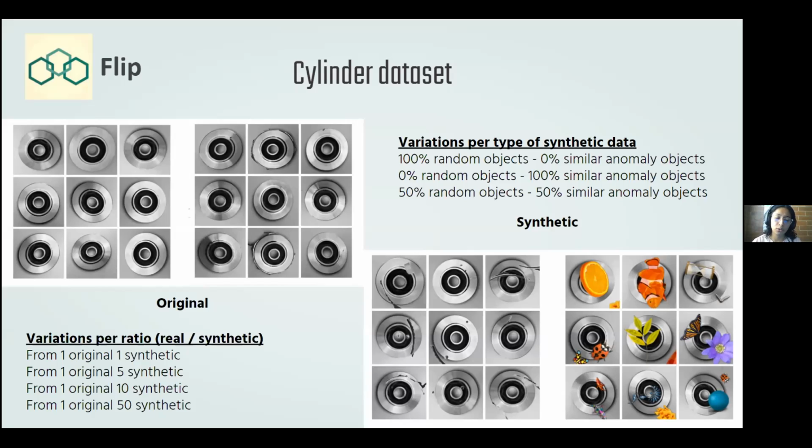We have four combinations: 1 to 1, 1 to 5, 1 to 10, and 1 to 50. The second parameter is about the noise. We created different datasets: some with only noise similar to the real anomalies, others with only noise of random objects, and another with 50 to 50 percent.